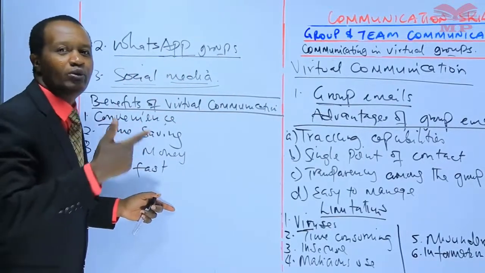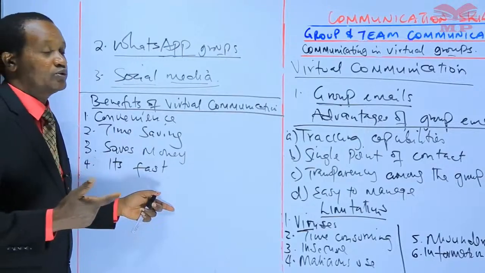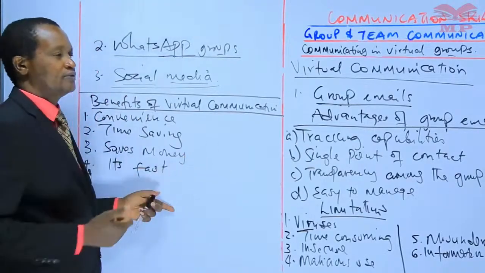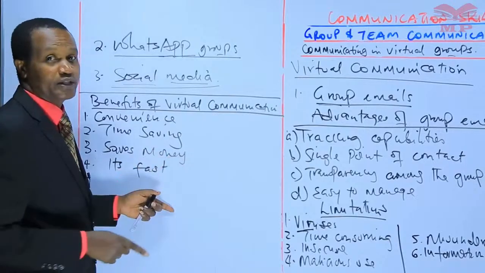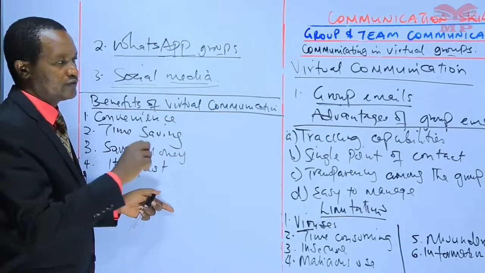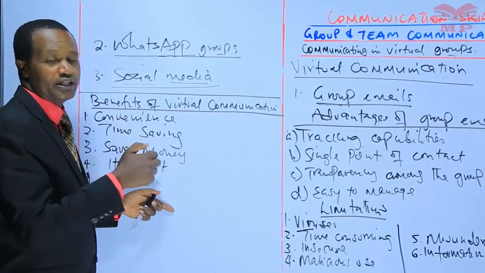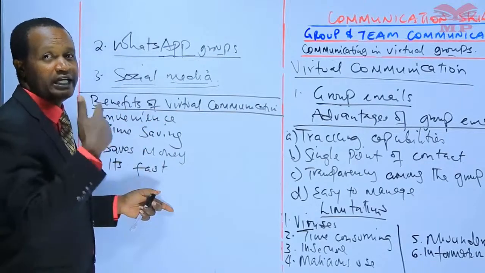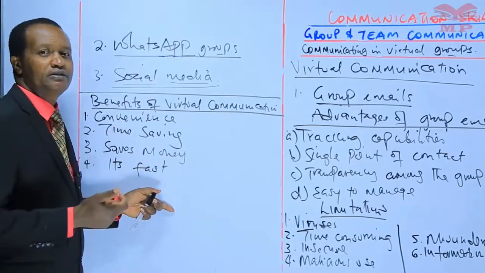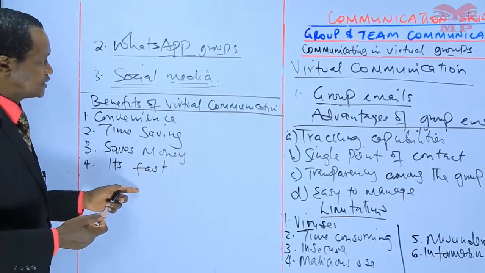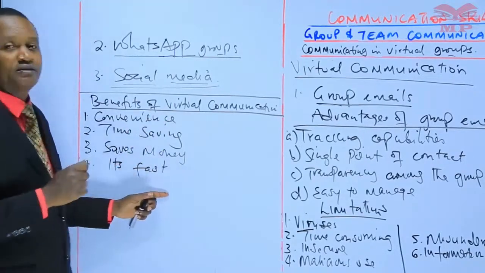It's just a click away, and you get to convey what you want to communicate. For example, if you are writing a message on WhatsApp, you just drop the message, then you click it. The message is sent and received instantly. It's fast. Virtual communication is fast.